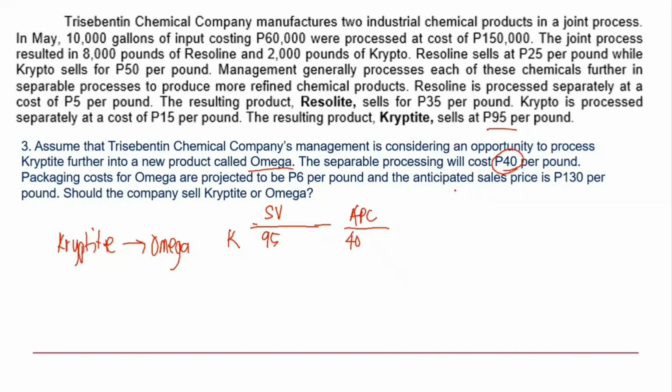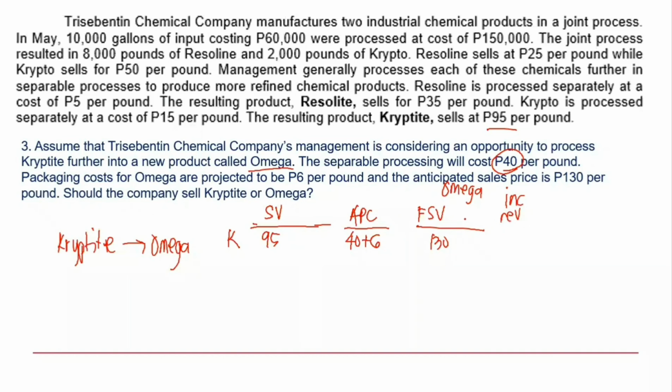And packaging costs for Omega are projected to be 6 per pound. So it's not just 40, it adds 6, so 46 additional processing cost. And the anticipated sales price, the final sales value for Omega, is 130 pesos per pound.